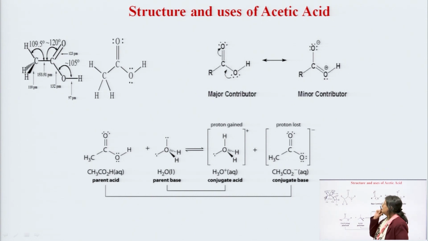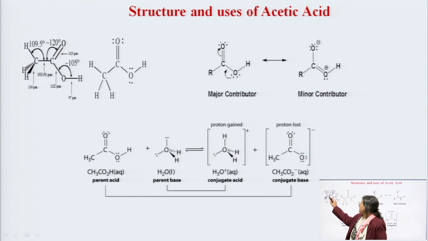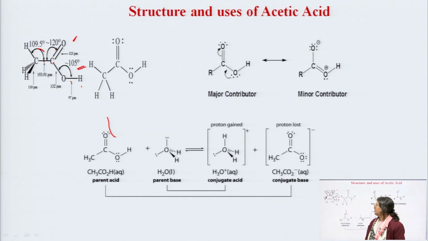Understanding the structure further, the carbon-hydrogen has a bond angle of 109.5 degrees, whereas the carbon and the carbonyl oxygen has a bond angle of 120 degrees. The carbon and the hydroxyl oxygen has a bond angle of 105 degrees.